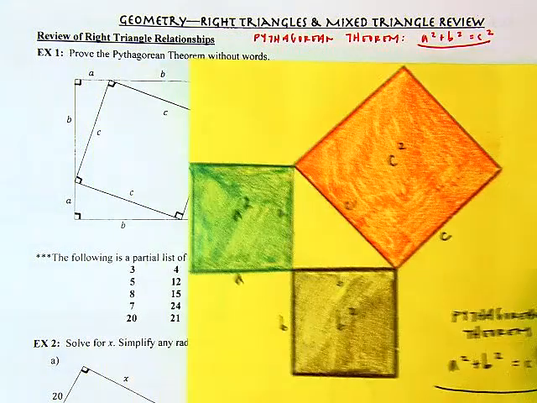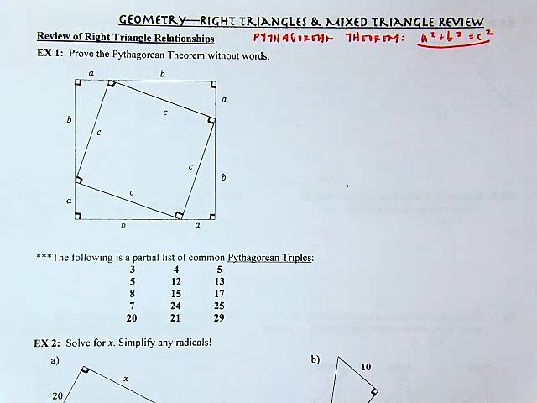All right, so here I'm showing you another way of doing a visual proof, proving the Pythagorean theorem without words. The way that we're going to do this is we're going to visualize area in 2 different ways.